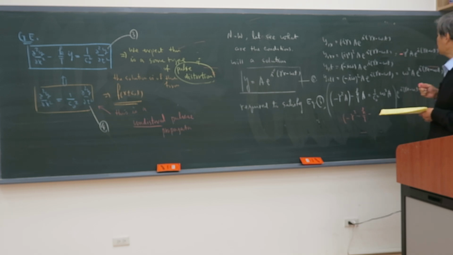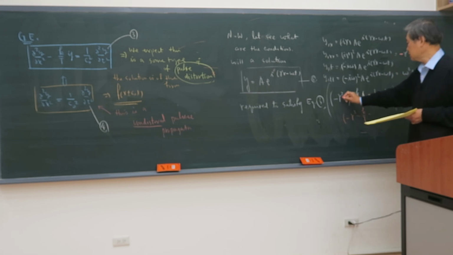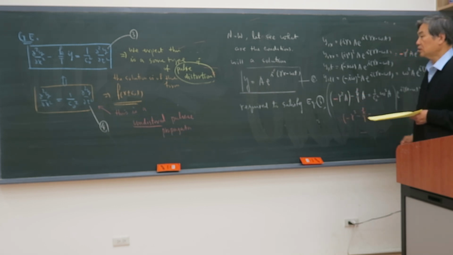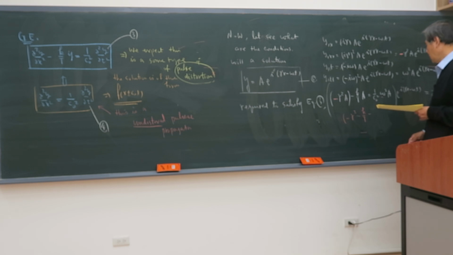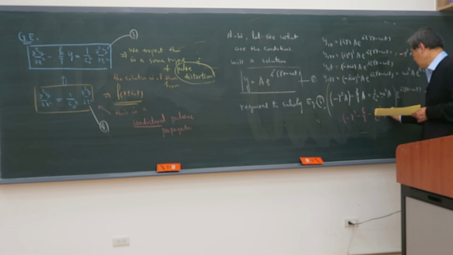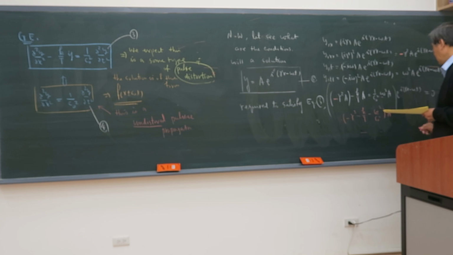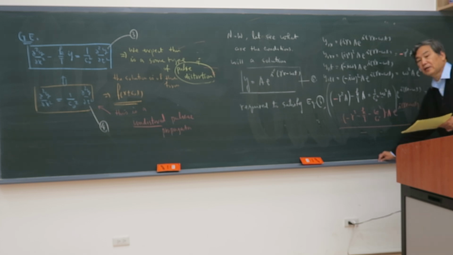X is minus, right? So minus here is minus, and here is positive. So if I put it on this side, that will be omega square over C0 square A e to the i gamma x minus omega t equal to 0, right? Oh, right. It's all right.